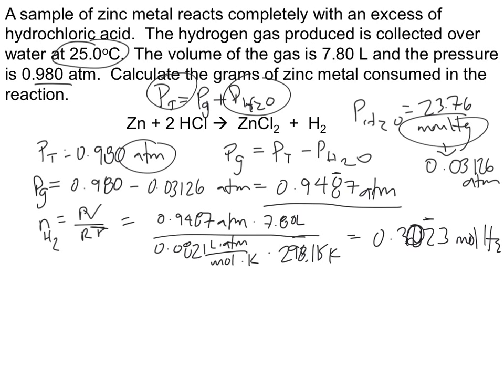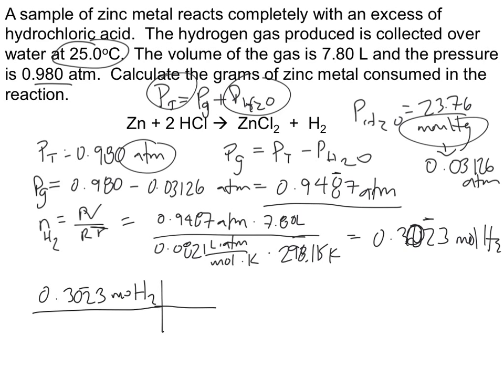Now they are not asking for information about moles of H2. They're asking for grams of zinc. So we're going to have to use a mole ratio at this point in order to go from moles of H2 into moles of zinc, and subsequently from moles of zinc to grams of zinc. So we're going to have our 0.3023 moles of H2, and then we need our mole relationship between H2 and zinc.